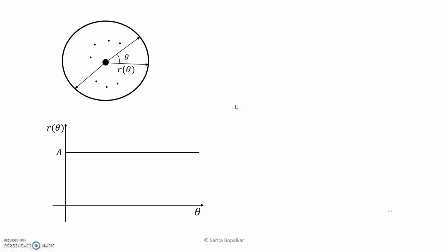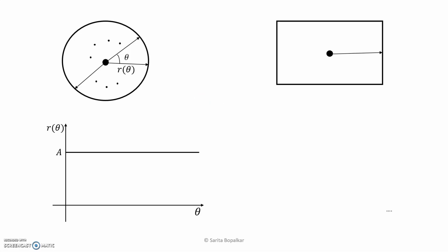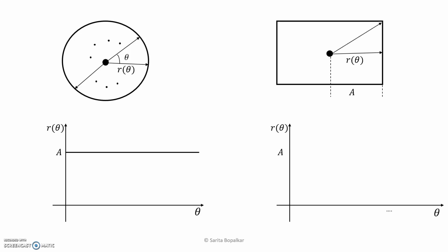Now let us take the shape of the boundary as a square. Find the centroid, and take this distance r of theta. Let us say this distance is a, and we will plot this distance with respect to theta. This is a. Now next, take the angular displacement theta.